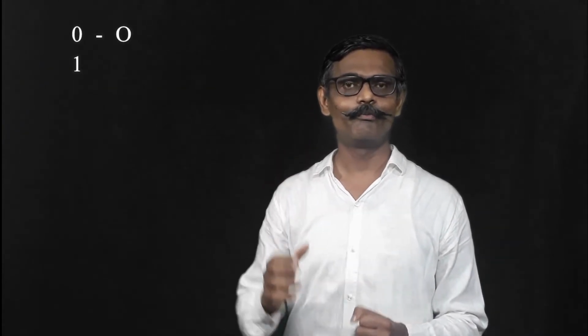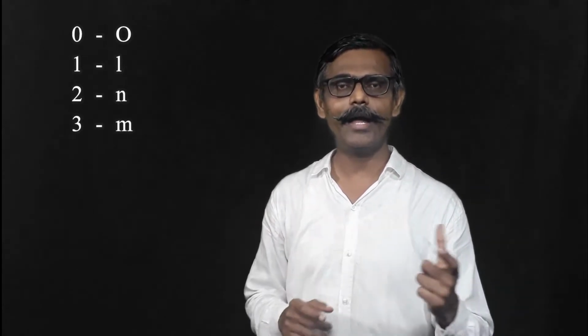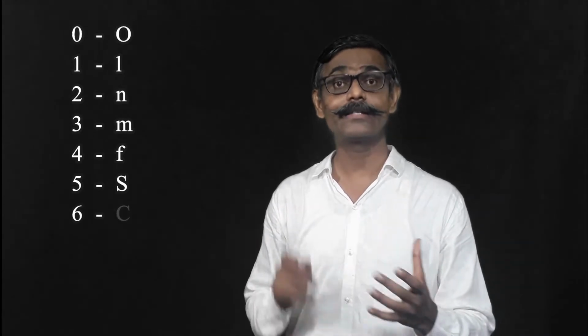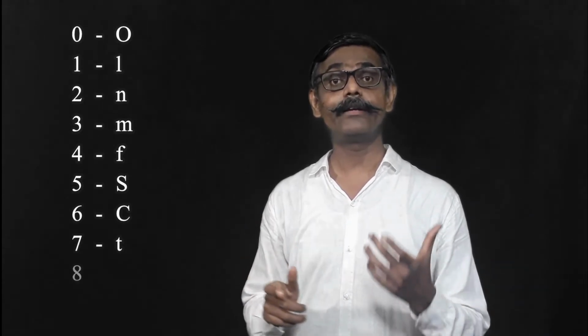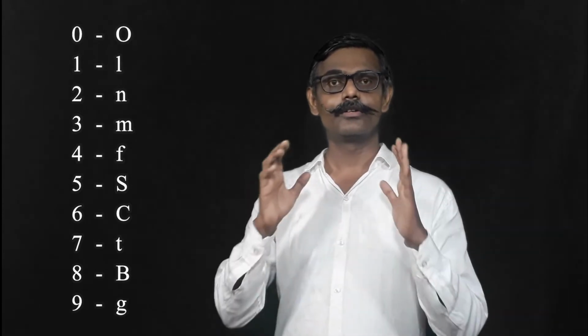What is our idea behind the atomic number? Atomic number means numbers will be there, but for numbers we are using letters. 0 means letter O, 1, L, 2, N, 3, M, 4, F, 5, S, 6, C, 7, T, 8, B, 9, G. With these letters, whatever atomic number is there, accordingly we will prepare an image.